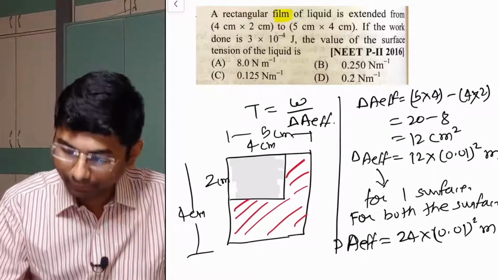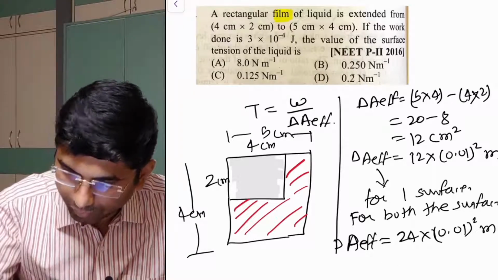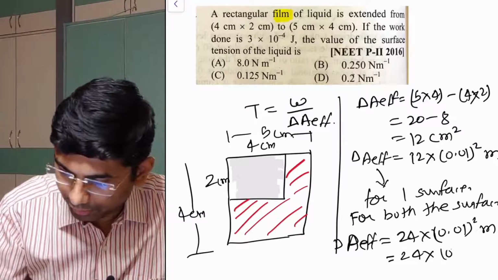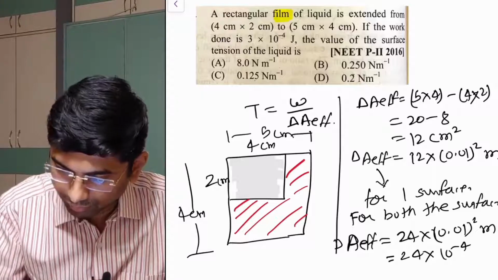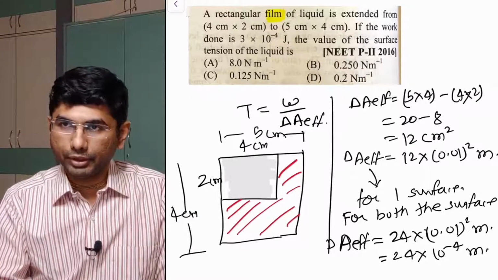That's the value I am getting. This can be written as 24 into 10 to the power minus 4 square meter. This is the change in area, effective area.